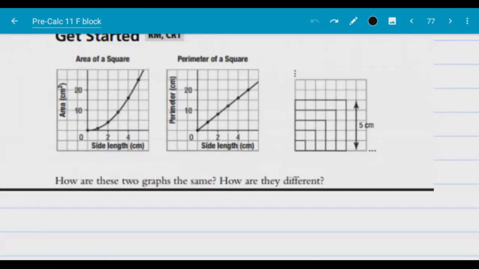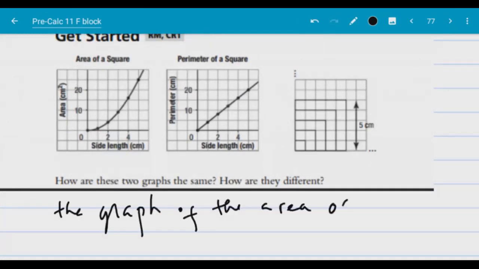Now, what do you notice about the graphs? The graph of the area of a square is a curve.